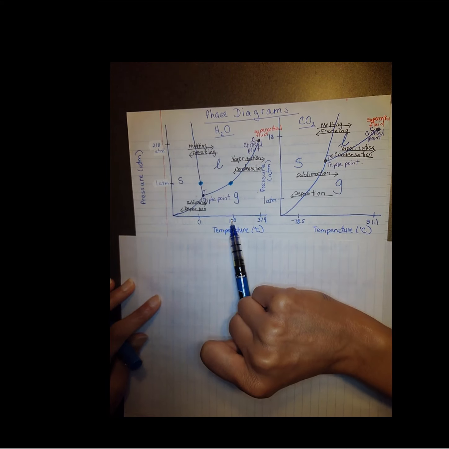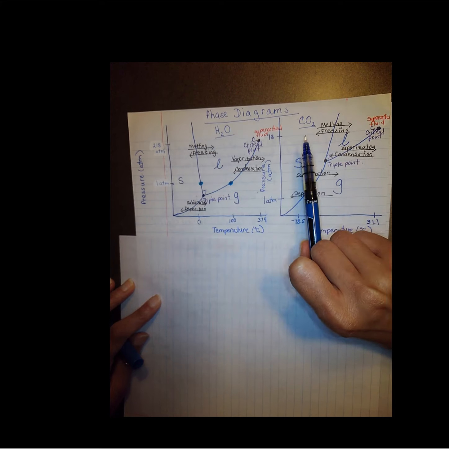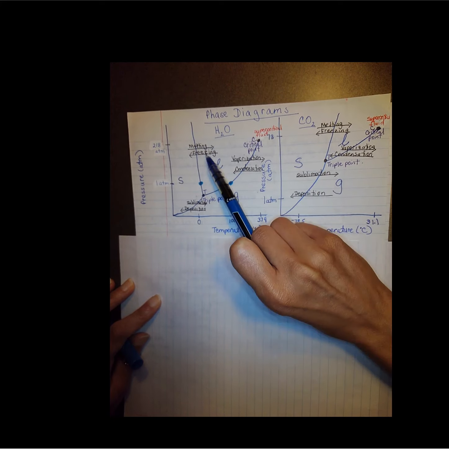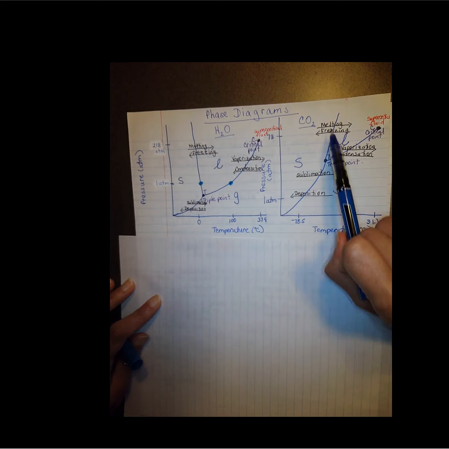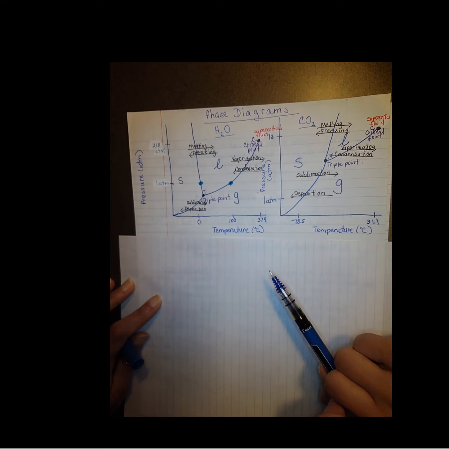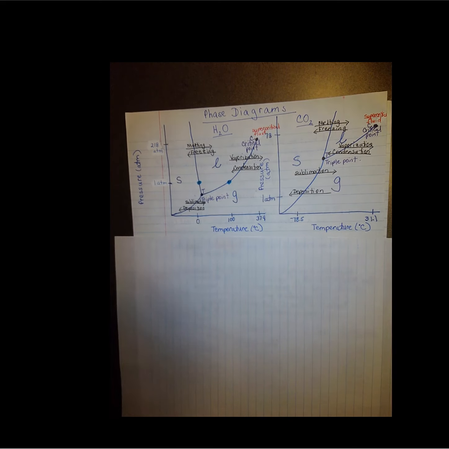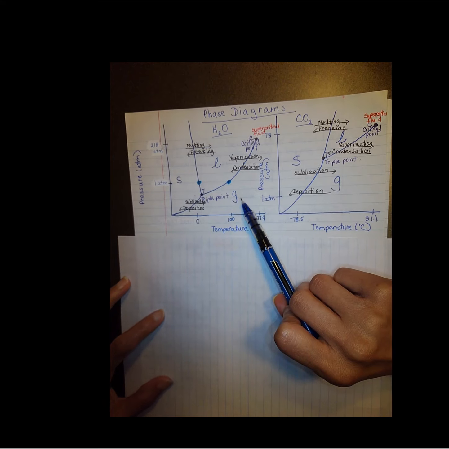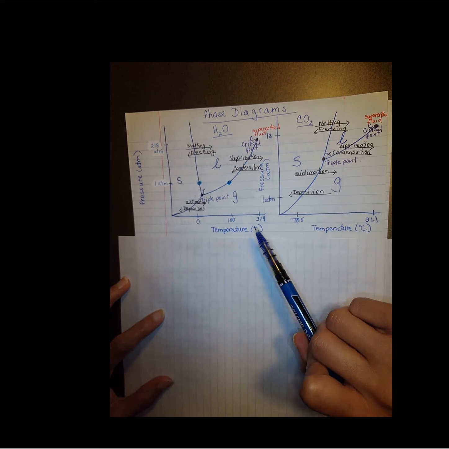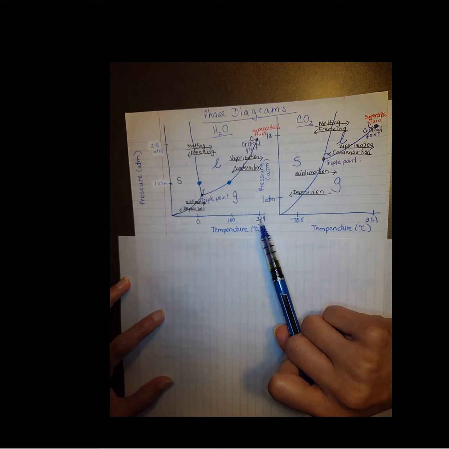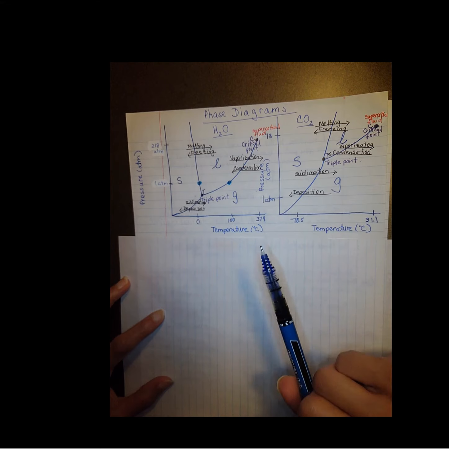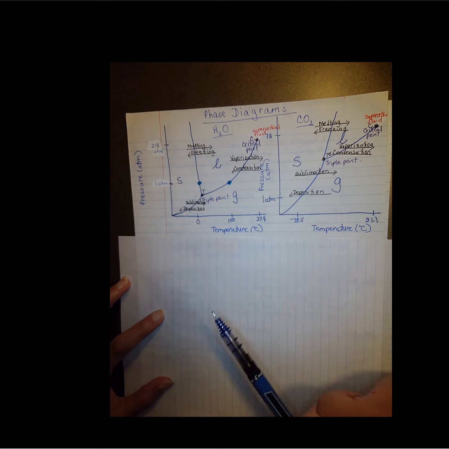I have the phase diagram for water and for carbon dioxide. You can see the different phases that both of these substances go through, but clearly by just looking at this, you can tell that these are two different graphs. Each phase diagram is unique to the identity of the substance.